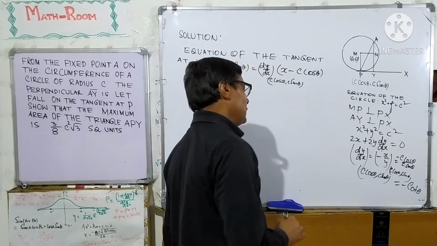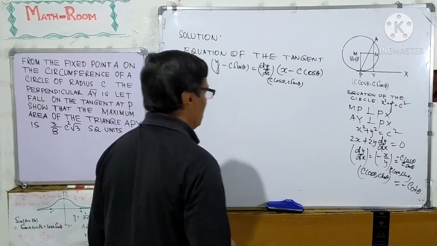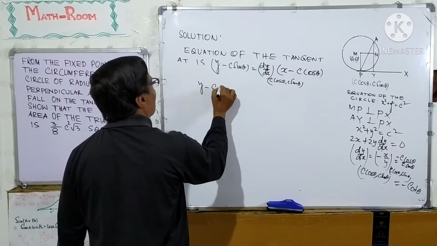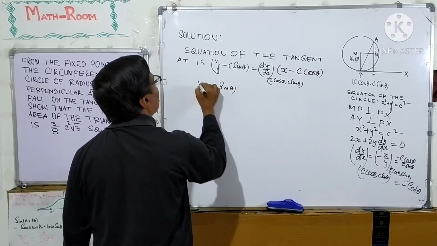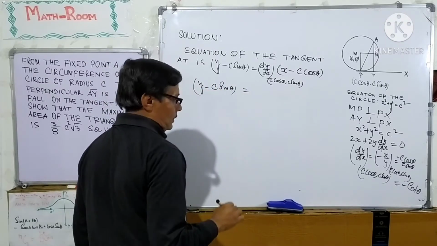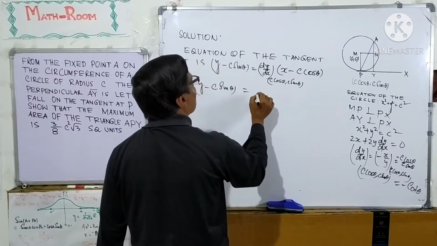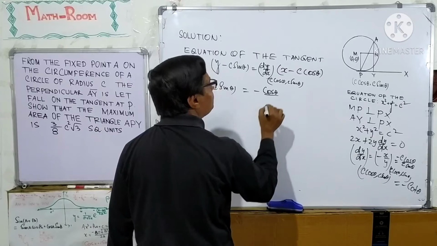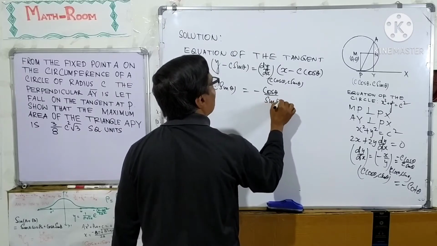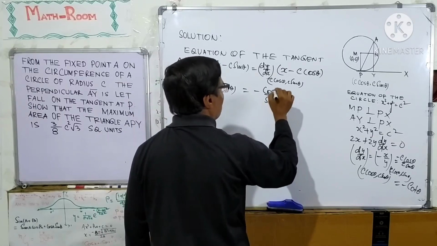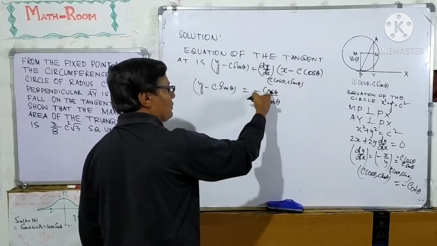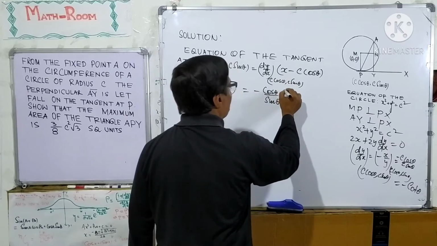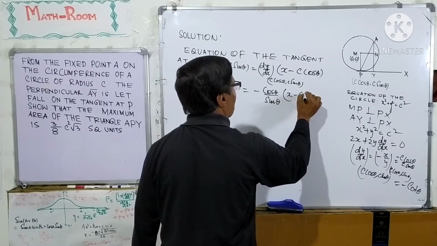This is the gradient of the tangent, and so y minus c sin theta equals minus cos theta over sin theta, into x minus c cos theta.